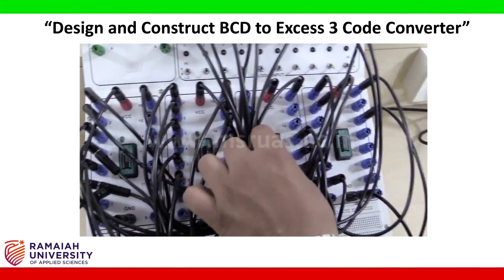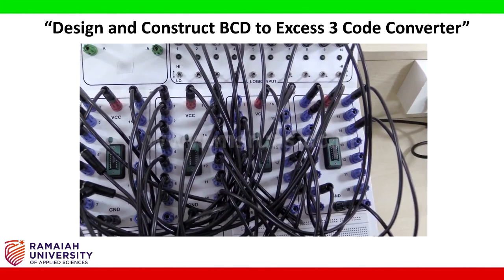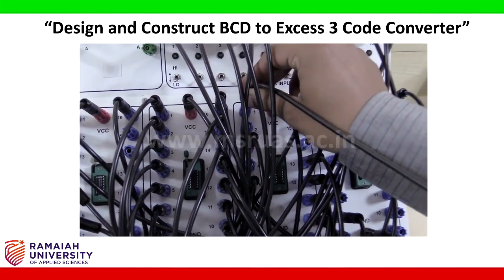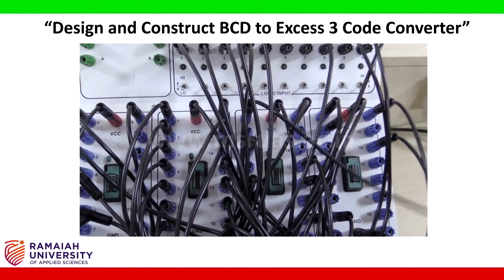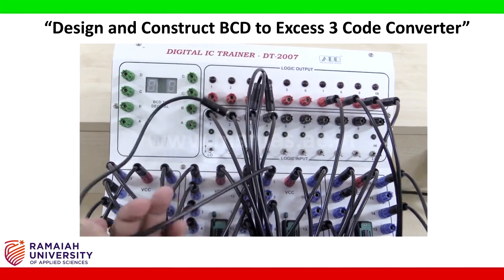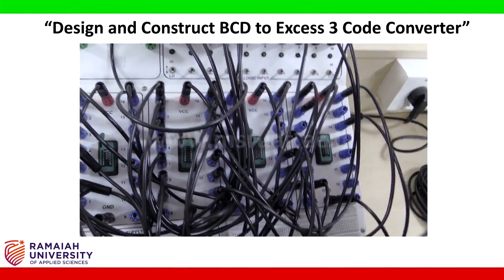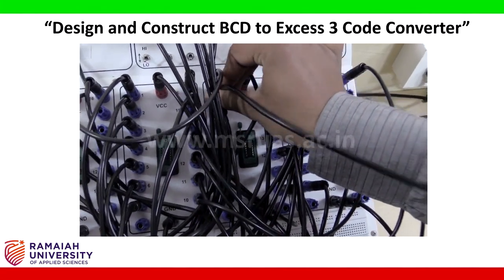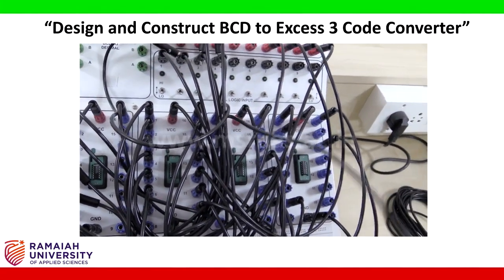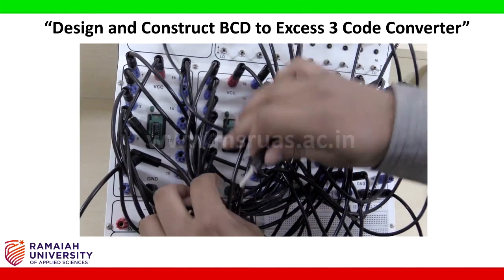So now here pin number 1 of the first 2 input AND gate is connected to input B. So I am connecting here input B. Pin number 2 of the AND gate is connected to pin number 6 of the OR gate, that is here.